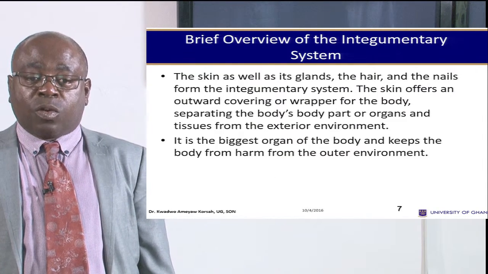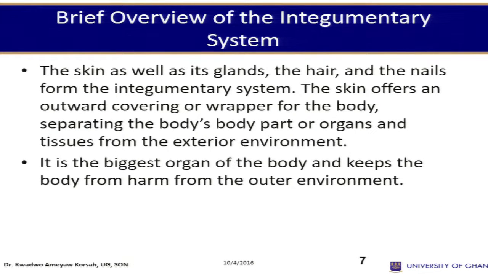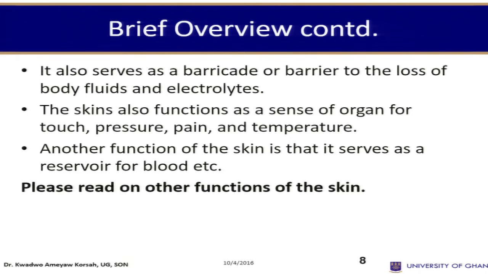So, review of the anatomy. The skin, as you all know, as well as its glands, the hair and the nail form the integumentary system. The skin offers an outward covering or wrapper for the body, and that means to some extent it serves as a protective organ. It protects us from the exterior environment, and it's the biggest organ of the body. It also serves as a barrier to the loss of body fluids and electrolytes.